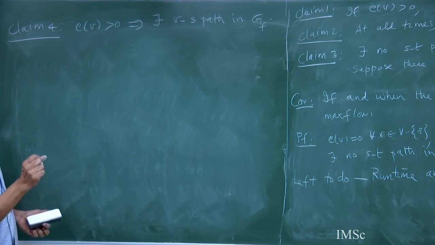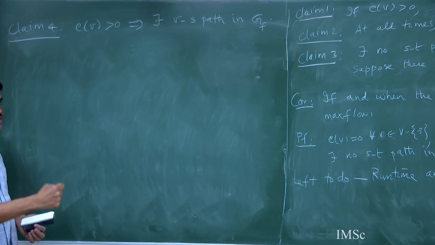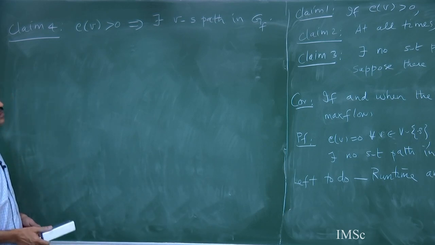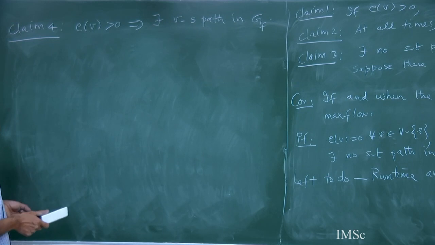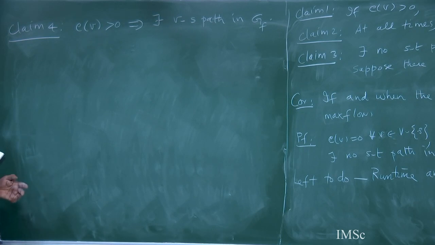Then I claim that there is a path in the residual network from this vertex to S. Is that clear? Is it intuitive? How did I get excess? Who gave me excess? Everything comes only from S. From S, I got some excess. So in the reverse direction, the residual graph will have a path.